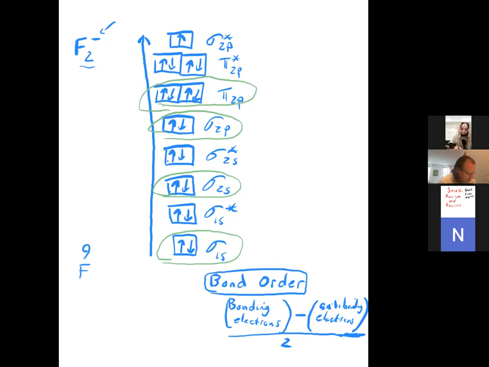So how many are in there? 2, 4, 6, 8, 10. So it looks like you got 10 bonding electrons, and then you subtract the antibonding. The antibonding are these ones, the ones with the star.